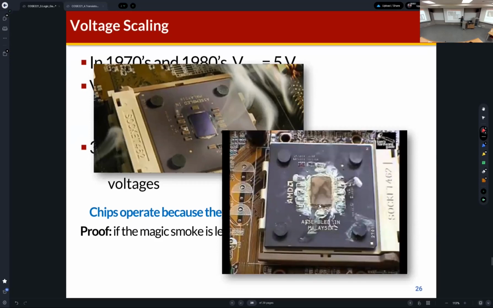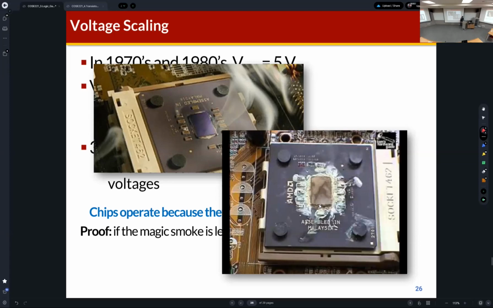Because if we provide a higher voltage level to the CPU, the circuit will be burned, which means that it will be broken. The CPU is burned and it generates smoke. And if the smoke is generated, the circuit is really broken, and we cannot use it.